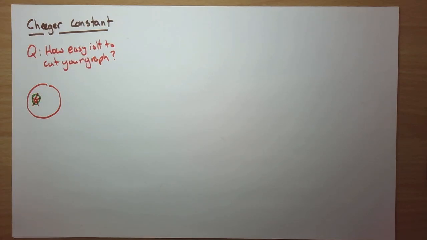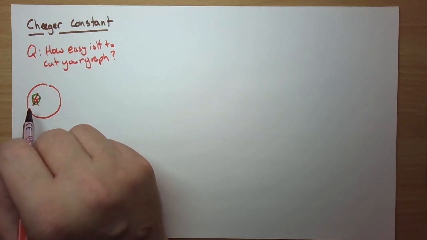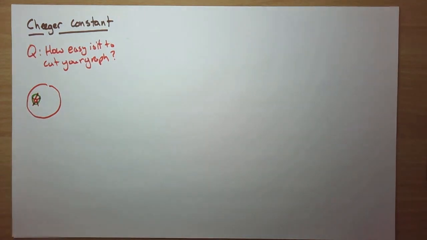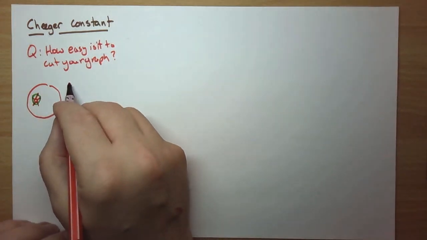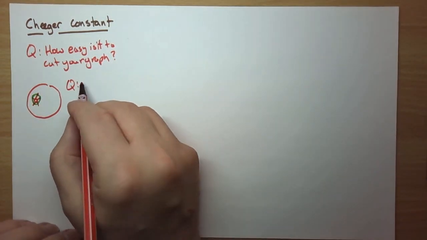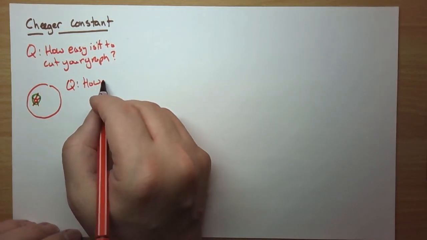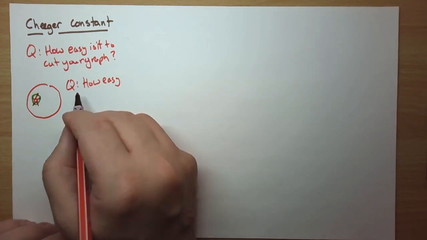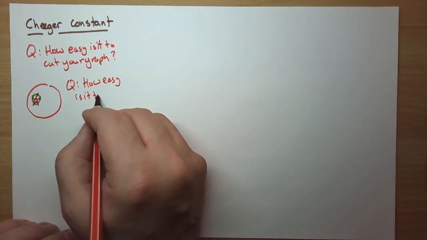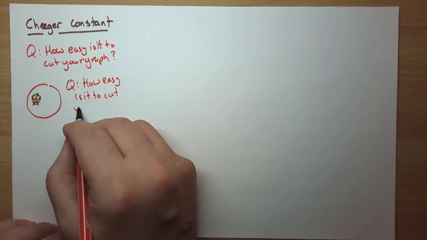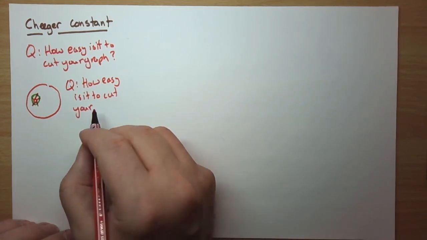But this feels wrong, because that's not the kind of cut I want. I want cuts where I have big pieces. So we're going to refine it: better question. How easy is it to cut your graph into two big pieces?